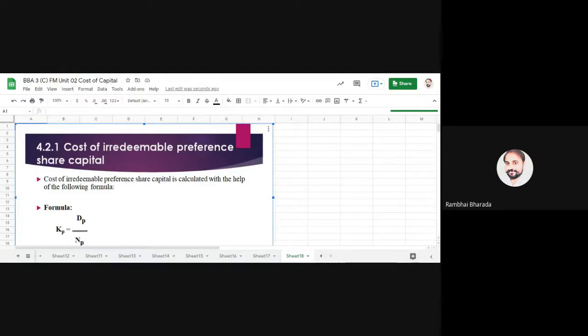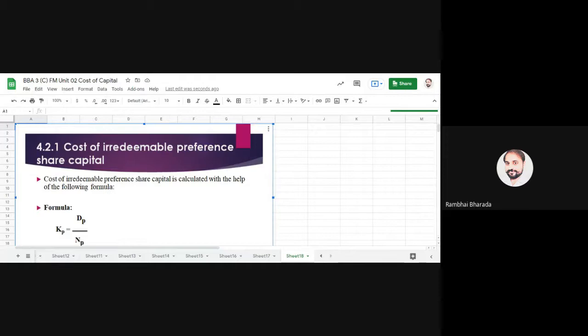Irredeemable preferences are those type of preferences which are issued by the company with a lifetime for the company. As long as the company remains, those preferences will remain.